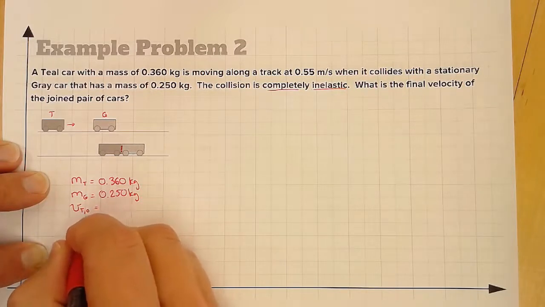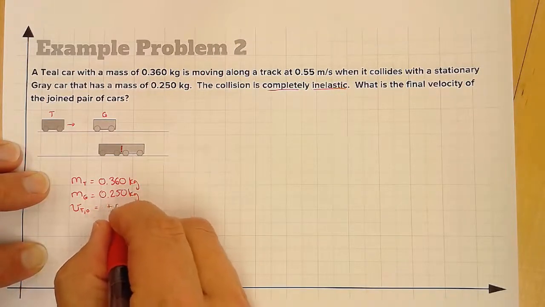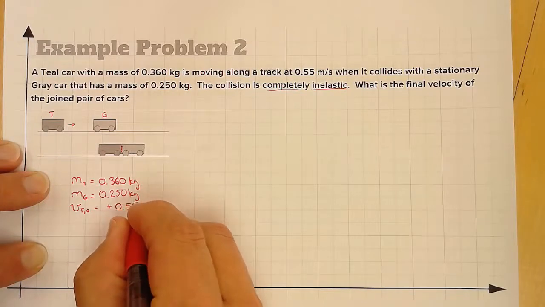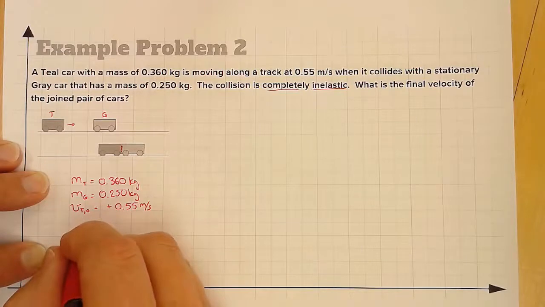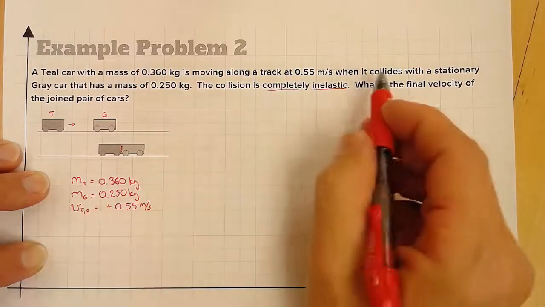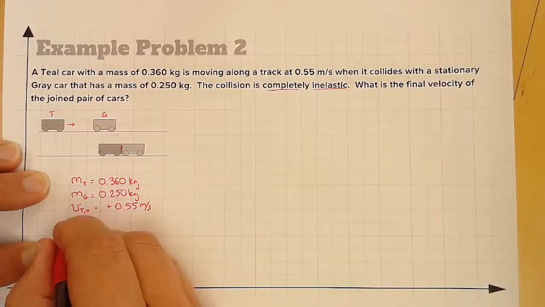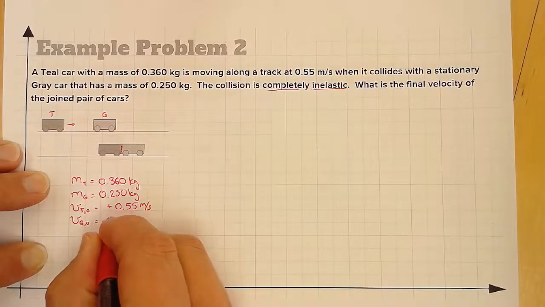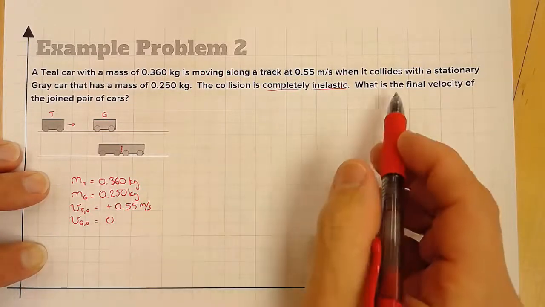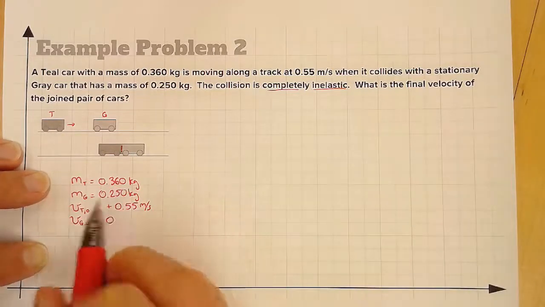That's how fast it's moving before the collision, and that is positive 0.55 meters per second, and it helps with the positive there. And it crashes into a stationary gray car. So the velocity of the gray car initial is 0. It's stationary. And then we're trying to find the final velocity of the joined pair.